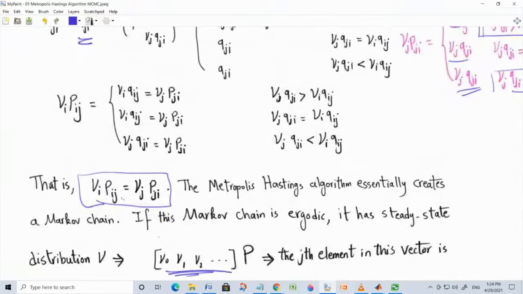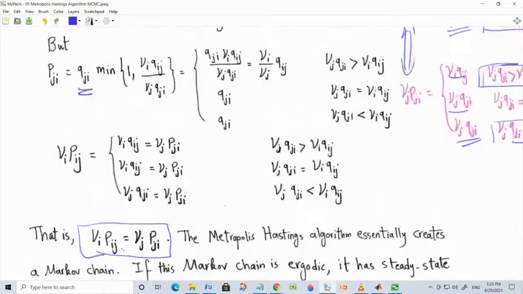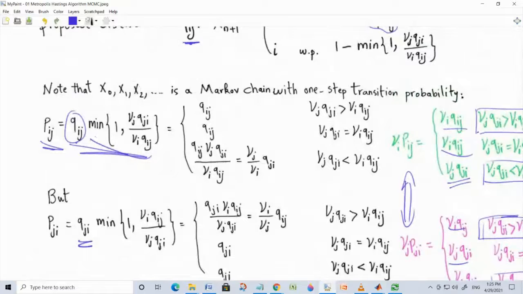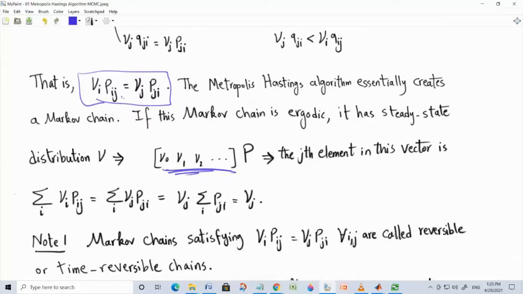Remember, those are the target probabilities, the PMF. So what will happen if you take this vector of mu's and multiply it by the transition probability matrix, which has elements that look like this? Let's multiply this row vector by the jth column in matrix P.